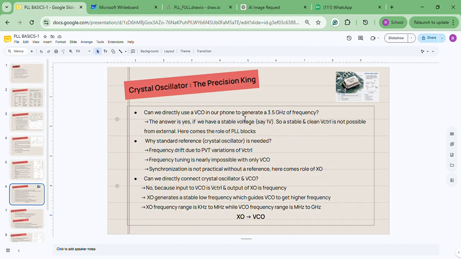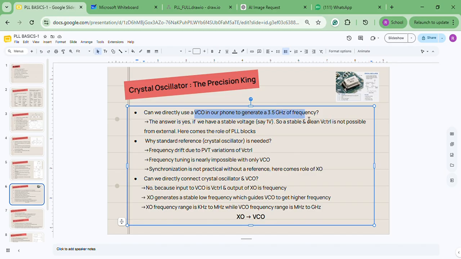Next thing is the crystal oscillator. As I told, there is a VCO which has input V control and generates an output frequency. Can we directly use a VCO? The question is, can we directly connect a VCO in our phone to generate 3.5 gigahertz of frequency? Yes or no?